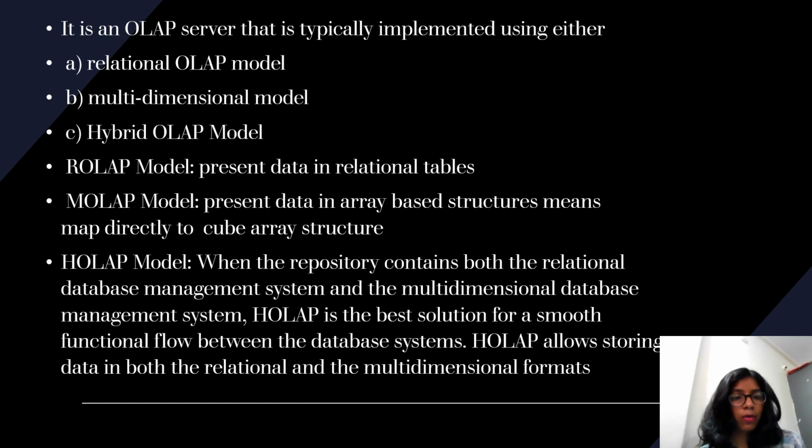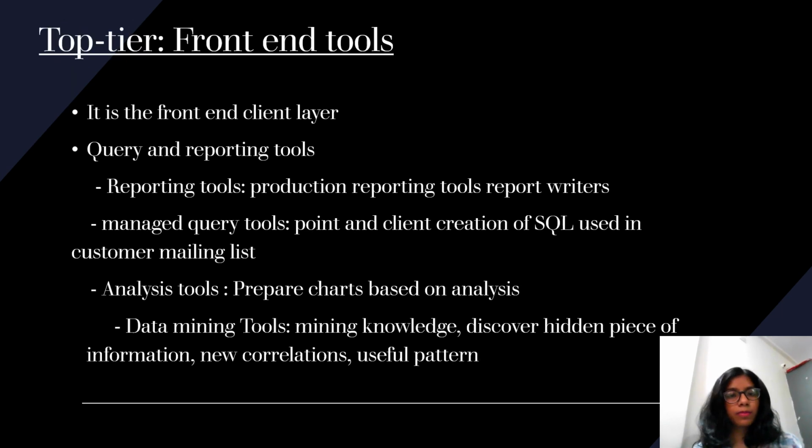Hybrid OLAP model, when the repository contains both the relational database management system and multidimensional database management system, HOLAP is the best solution for smooth functional flow between the database systems. Hybrid OLAP allows storing the data in both relational and multidimensional formats.